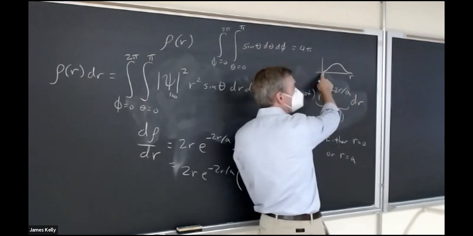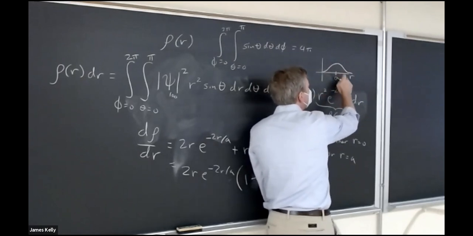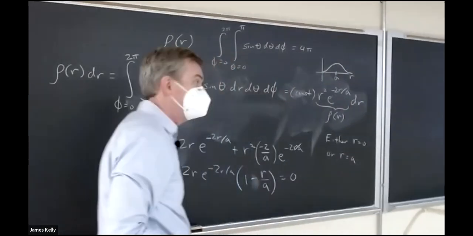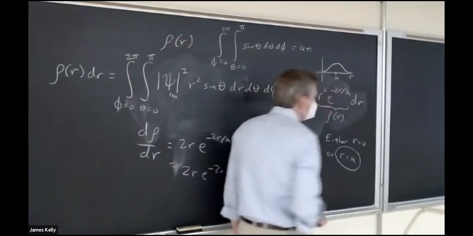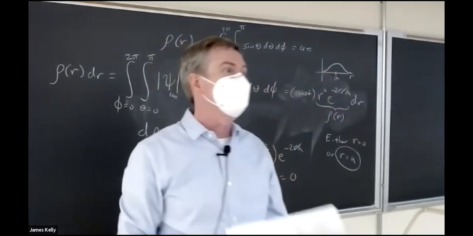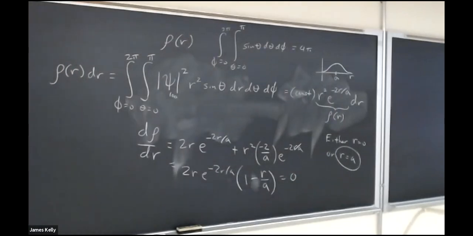So r equals 0 is actually a local minimum, whereas r equals a is the local maximum in the probability density. So this is the one we're actually looking for as a maximum. That's an interesting factoid, that you're most likely to find a ground state hydrogen electron at a distance a away from the proton.